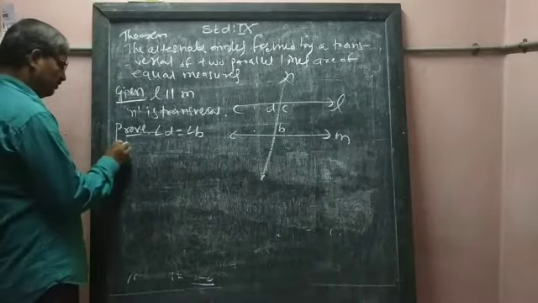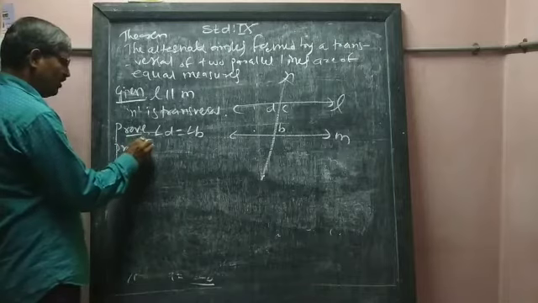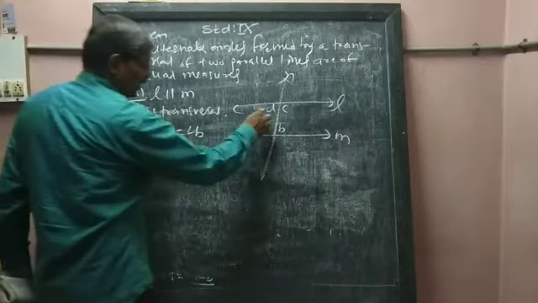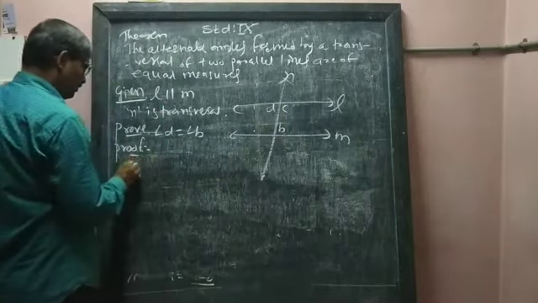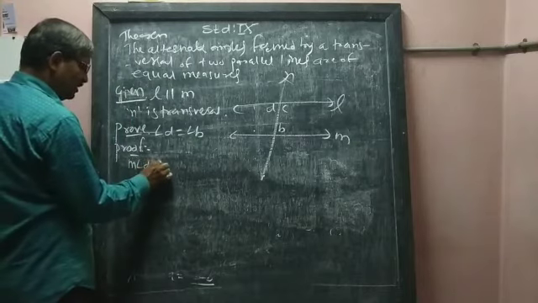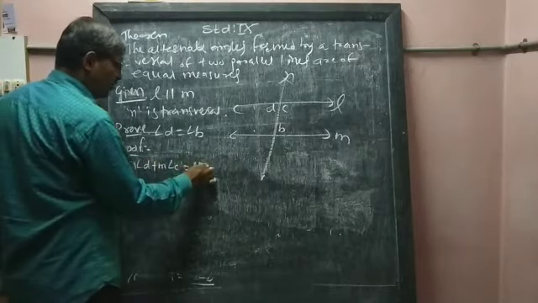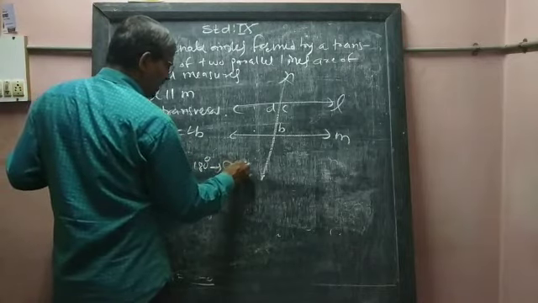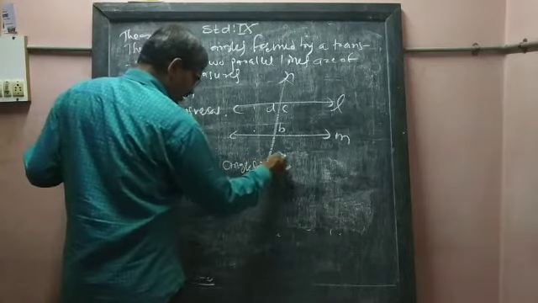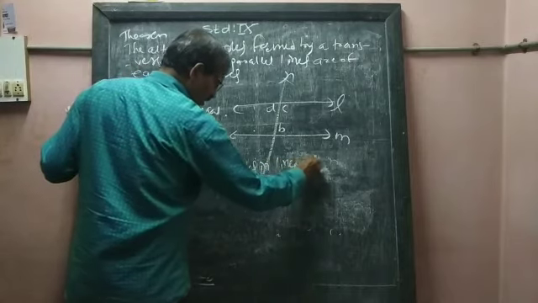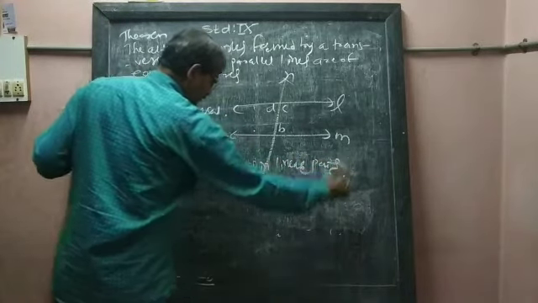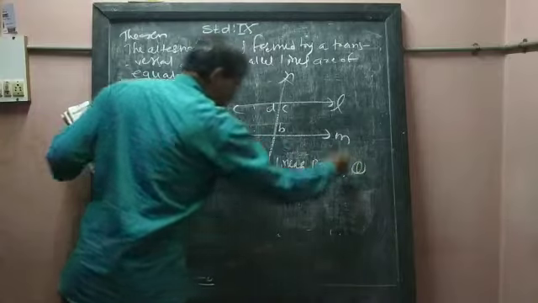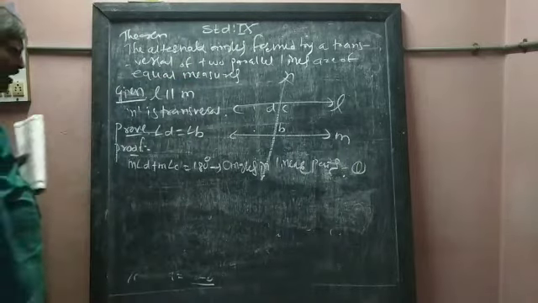So proof. You can also solve it easily. Here measure of angle D plus measure of angle C is equal to 180 degrees. Angles in linear pair. What is the reason? Angles in linear pair. This is number 1. Now L and M are parallel.